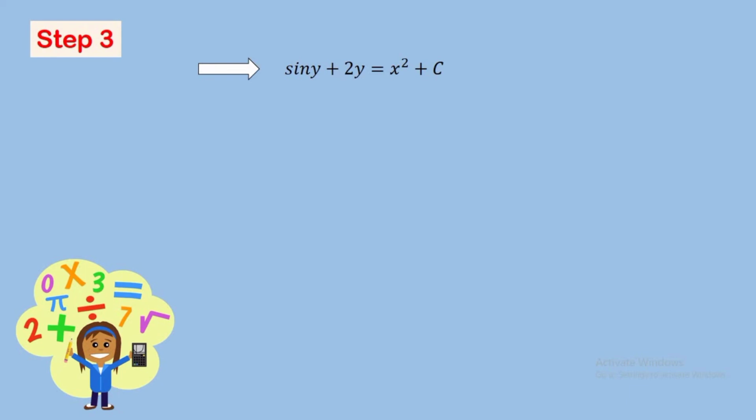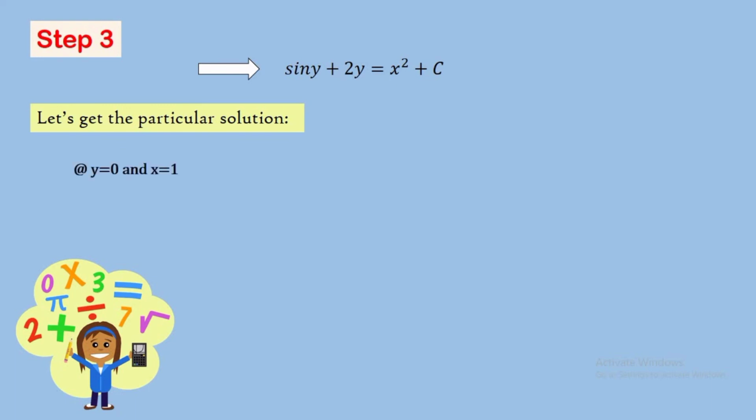At dahil naghahanap siya ng particular solution kasi nga binigay yung condition, let's get the particular solution where y is equal to 0 and x is equal to 1. Meaning, kukunin natin yung value ni constant c.